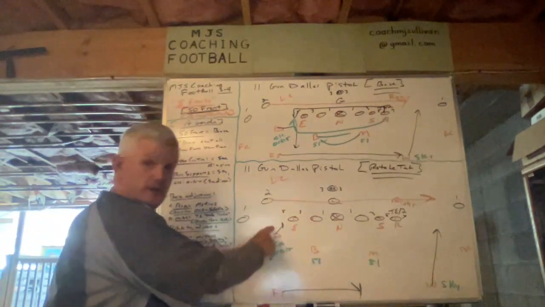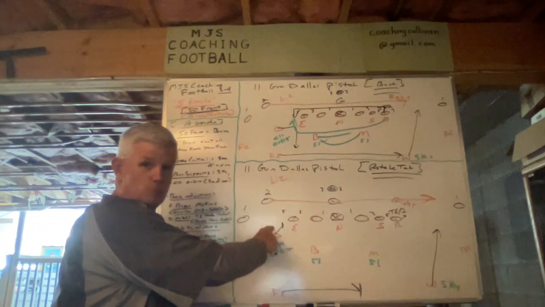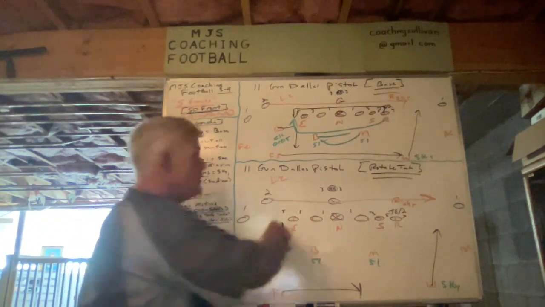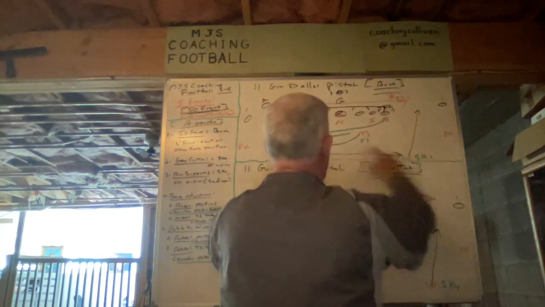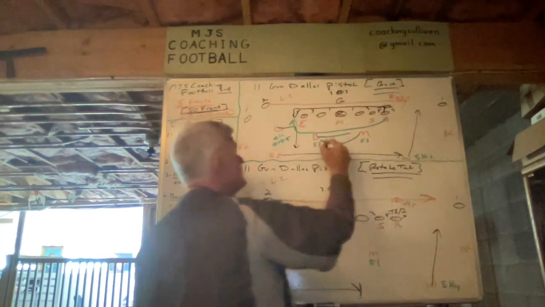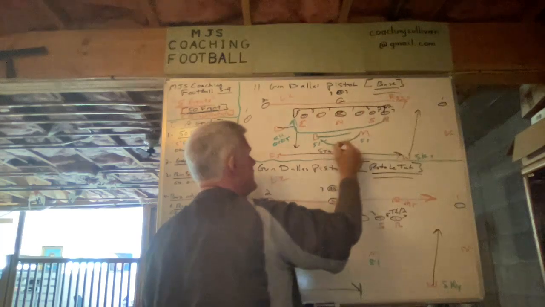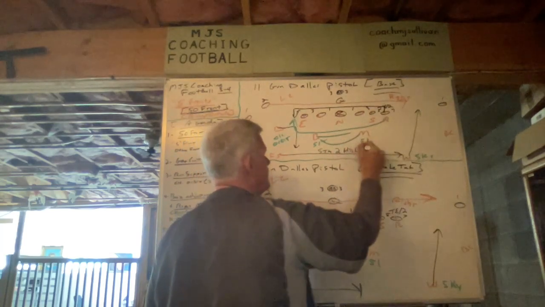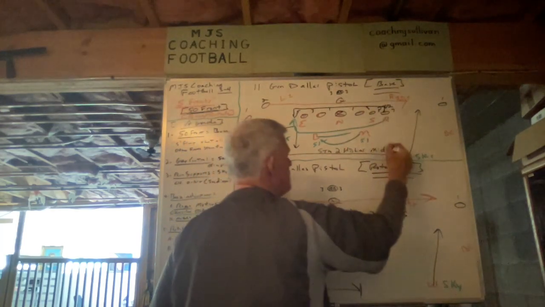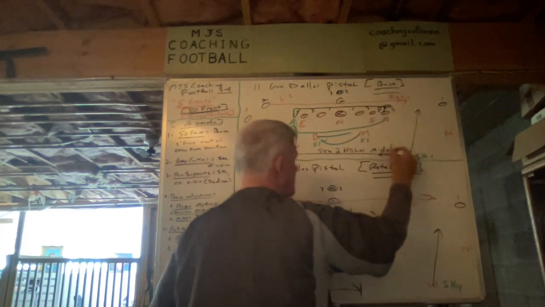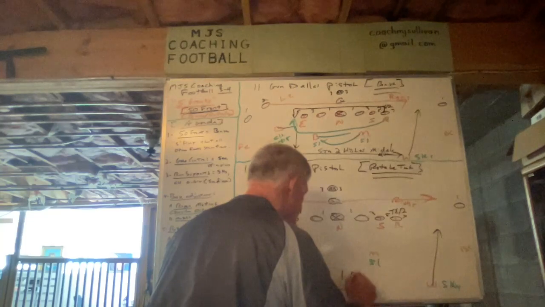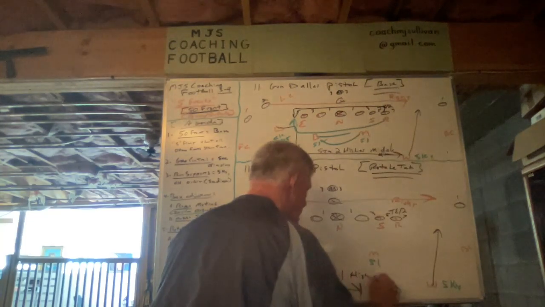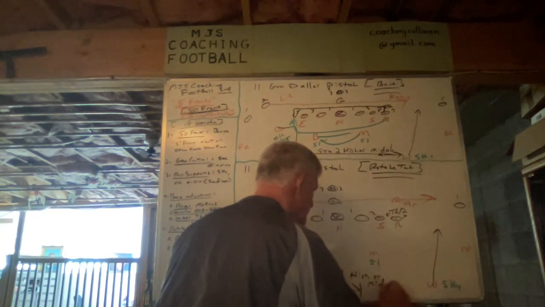Who's going to account for him? Right? Who's going to account for that? So up here, we always maintain a two high or a middle open, right? Stay two high or middle open. Down here, it goes to one high or middle closed.